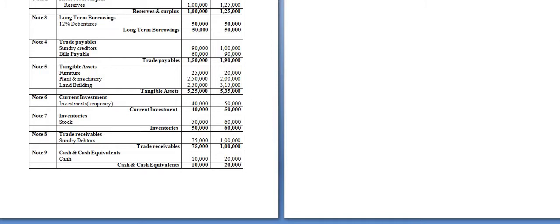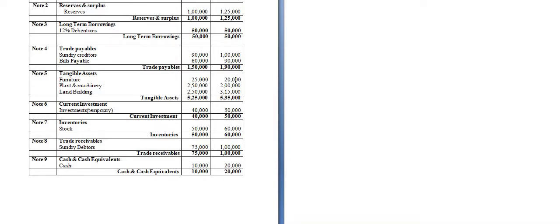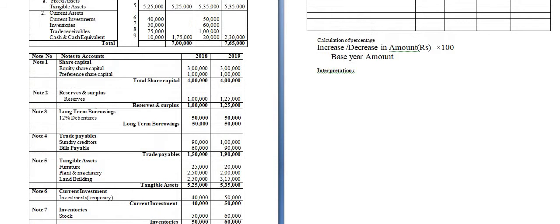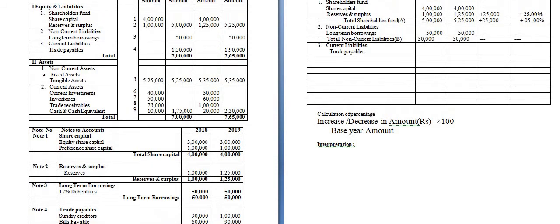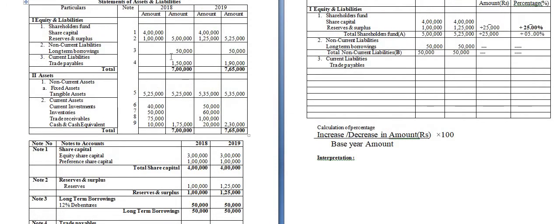Total trade payables is how much? 1,50,000 and 1,90,000. So we will write here first the amount of trade payables, 1,50,000 for 2018. So right here in the base year column, 1,50,000.